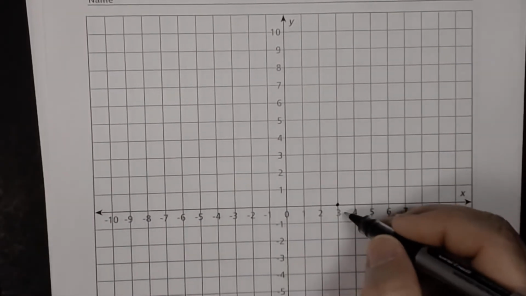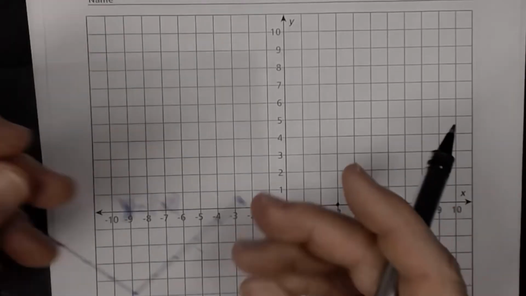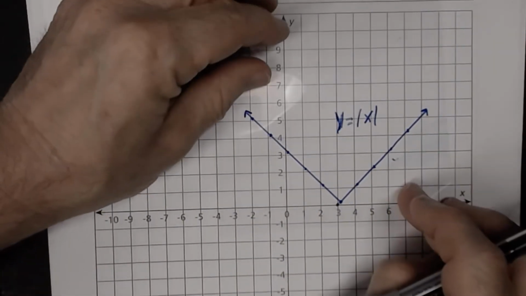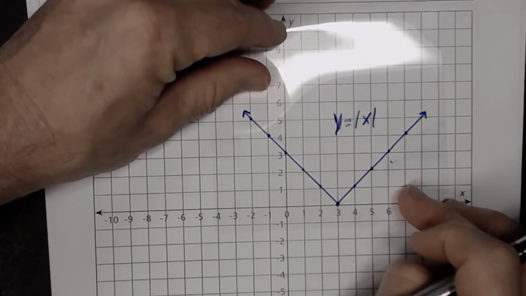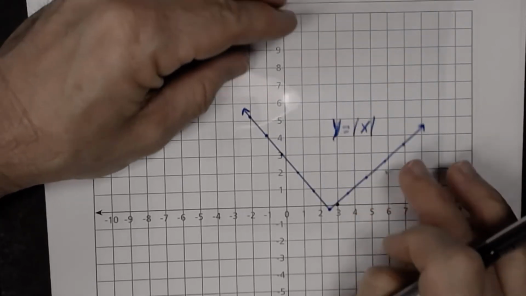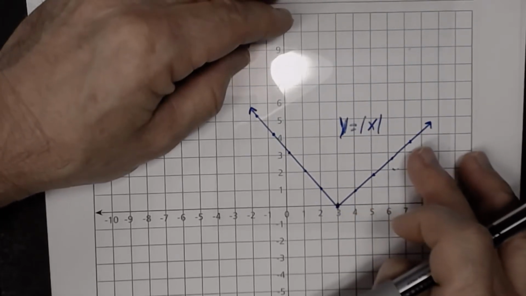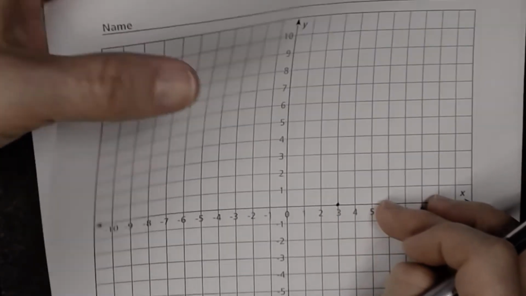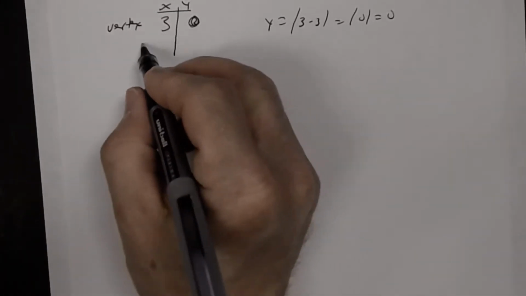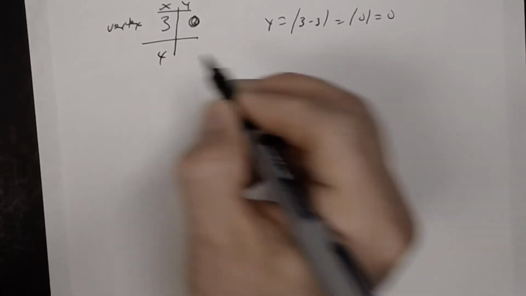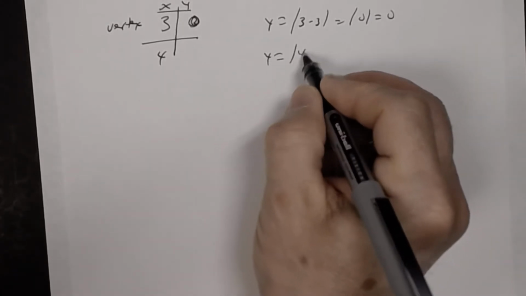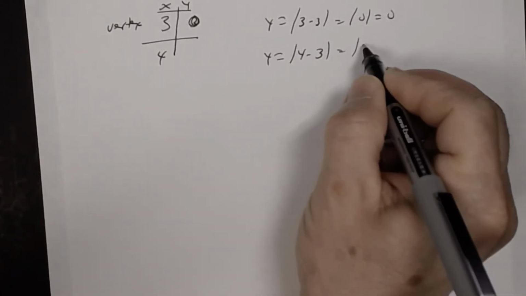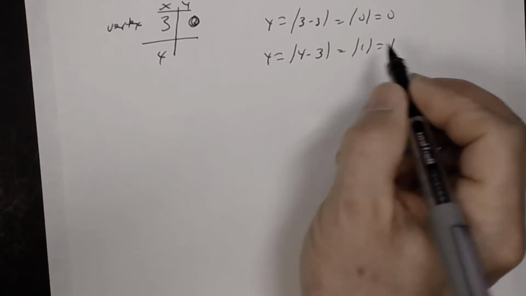So you know that the graph's going to look something like this. Let's go ahead and plot a few more points, because you do want to still do this by plotting points. If x is, let's say, 4, I get y equals the absolute value of 4 minus 3, which is the absolute value of 1, which is 1.